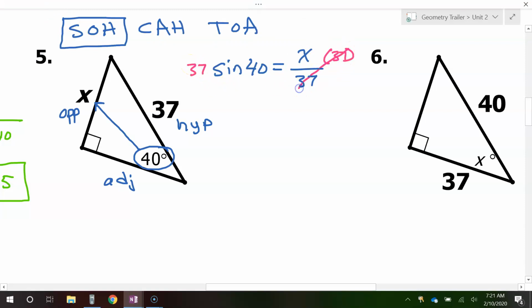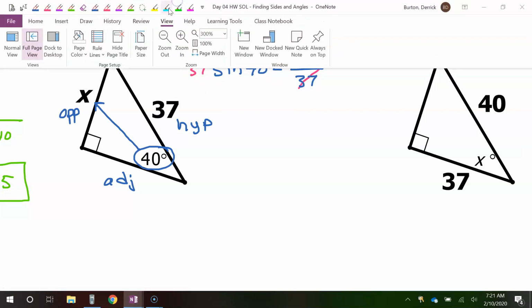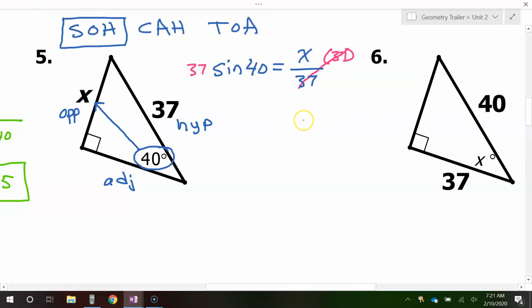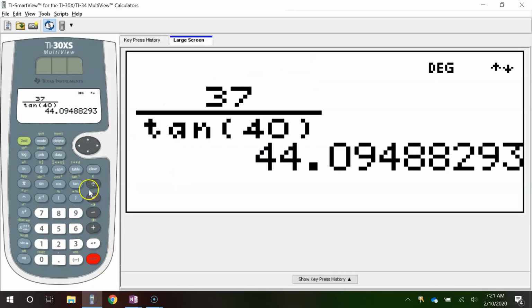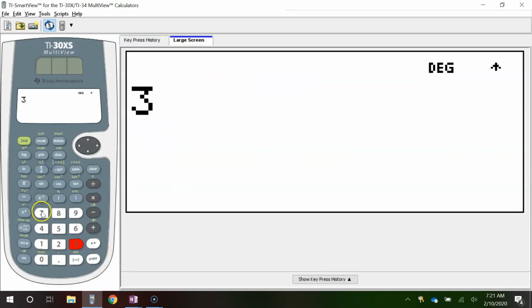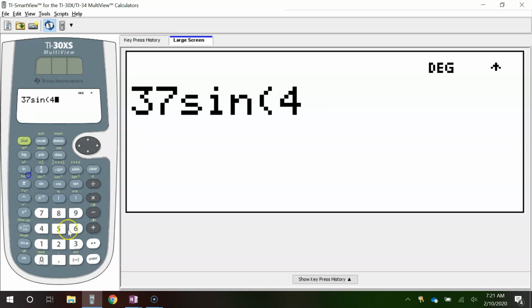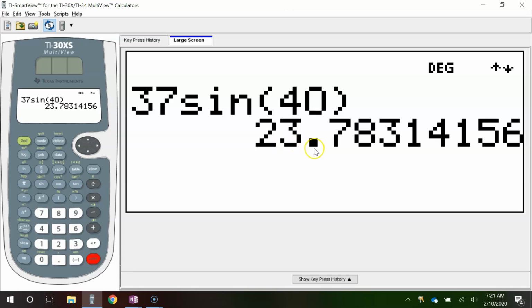So these will cancel each other out, and that will lead you straight to your final answer. X is by itself now. So 37 sine 40. 23.783.